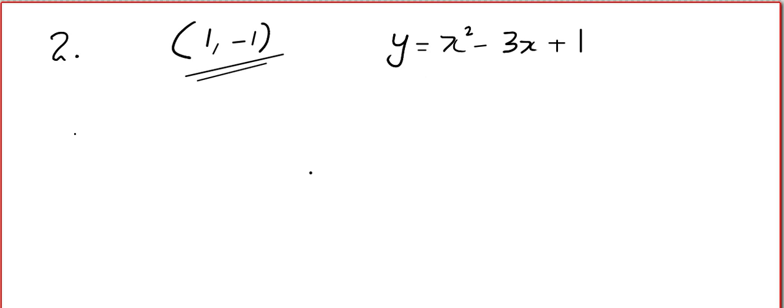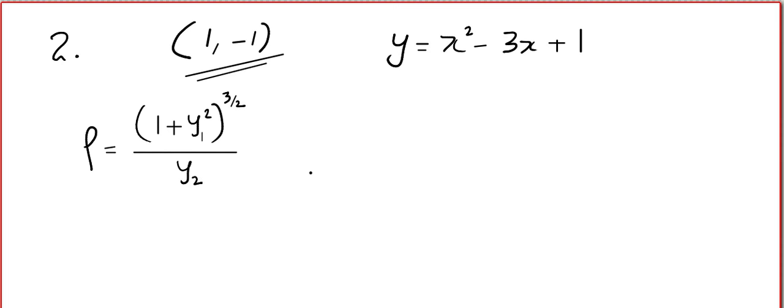Okay, so just like before, let's write the formula. Come on, this time you have to tell me what is the radius of curvature at any point in Cartesian form. Yeah, 1 plus y1 square, the whole power 3 by 2, the whole divided by y2. So our job is very simple.